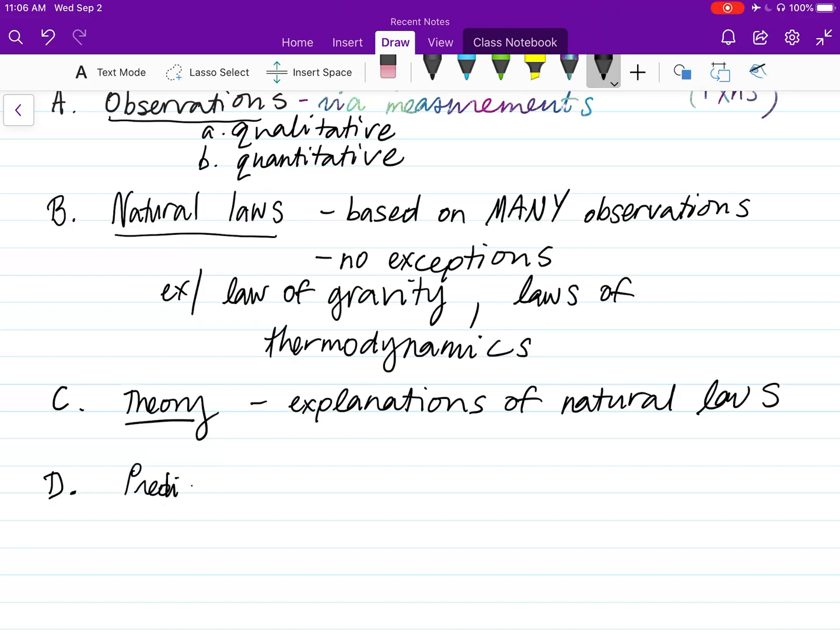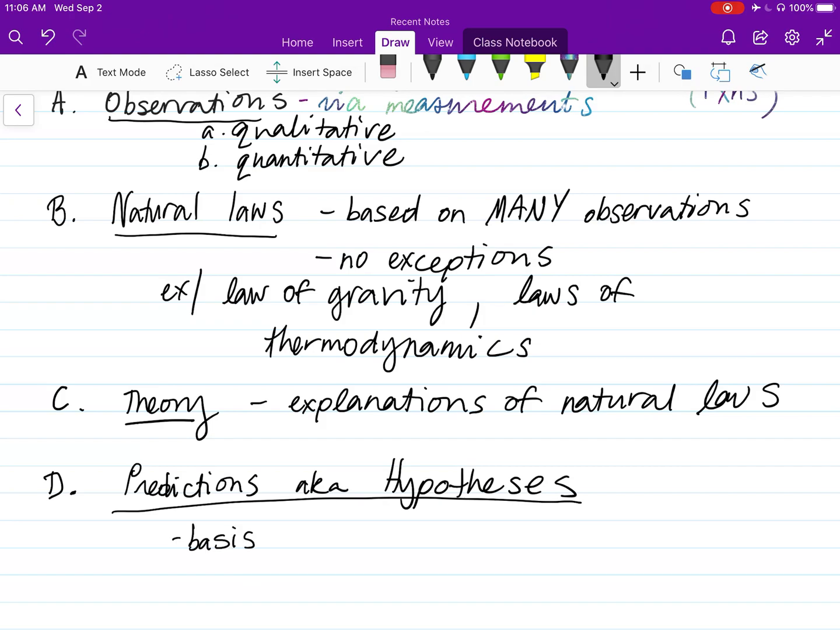Scientists also make predictions, and another word for scientific predictions is hypotheses, or the singular hypothesis. So predictions or hypotheses would be the basis for experiments that you perform, say in a lab. So this is really scientific method stuff.